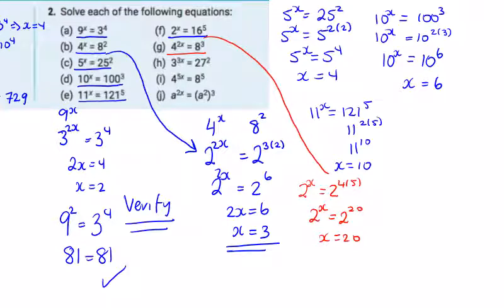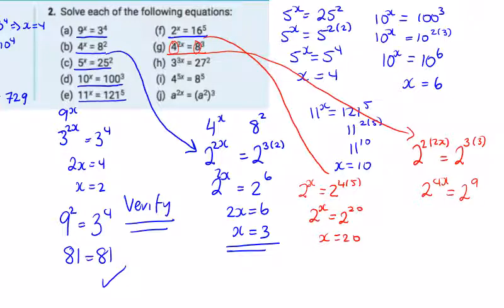4 to the power of 2x is equal to 8 to the power of 3. So these are going to have to go down to 2's. So 4 is 2 to the power of 2. So I've taken the 4 apart, so I still have 2x as the power. So put it there, 2x. Equals 8 is 2 to the power of 3. So that's the 8 taken care of, but I still have the other 3 up there. So I get 2 to the power of 4x is 2 to the power of 9.